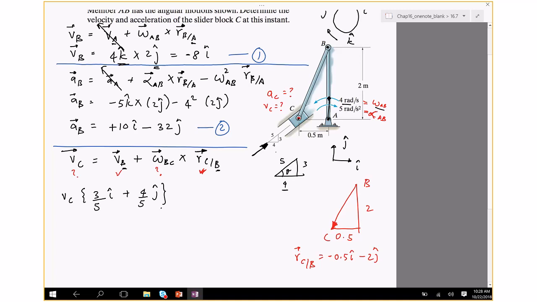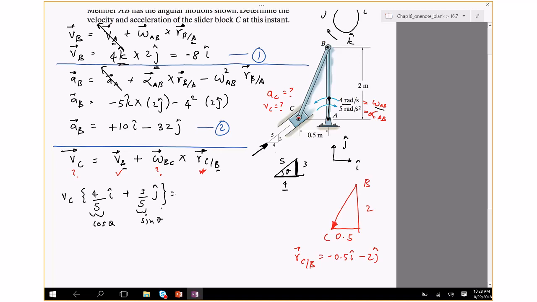You do not have to find theta explicitly. Should it be 4? I should have 5, 4 and 3. Yeah, that's right. 4 is the i component because it's along the i-axis, so this is actually cosine theta, and this term is sine theta.